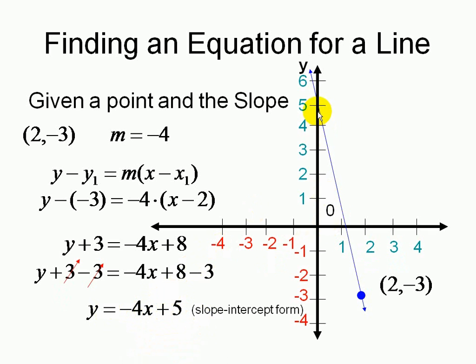That's the equation of this line. And if we substitute 2 into this equation, that leaves -4 times 2 is -8 plus 5 is -3, which is true when we substitute y equal -3. Therefore, we have correctly formulated the equation of this line.